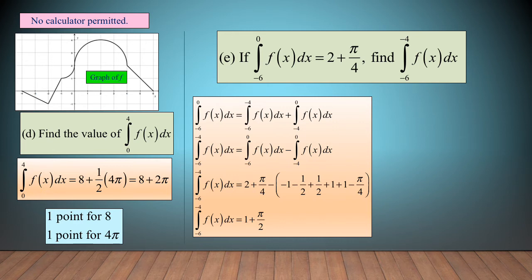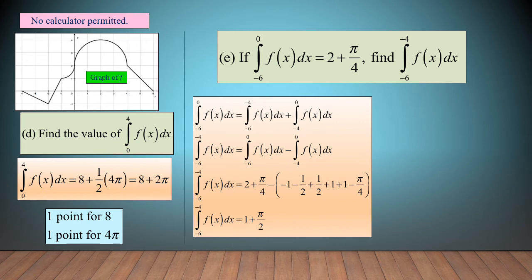When we look at that, we realize that between -4 and -2, we have a triangle whose area is 1, and being below the x-axis, we use -1. We then have two triangles that cancel each other out between -2 and 0, -1/2 plus 1/2.